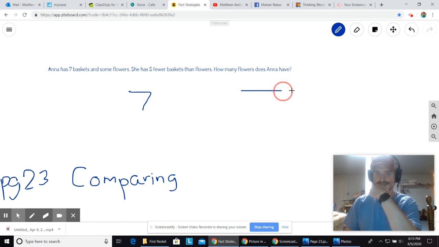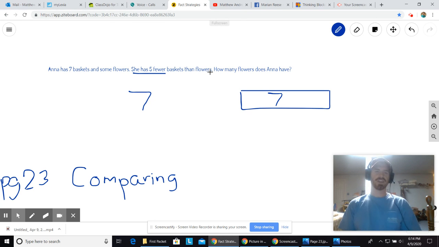So I'm going to draw a little rectangle for baskets. Okay, so there's our 7 baskets. It says that she has 5 fewer. Fewer. That means less, smaller. She has 5 fewer baskets than flowers. That lets me know that she has more flowers than she does baskets.